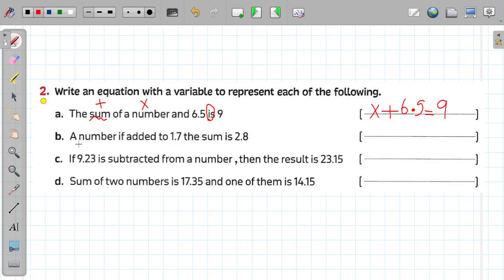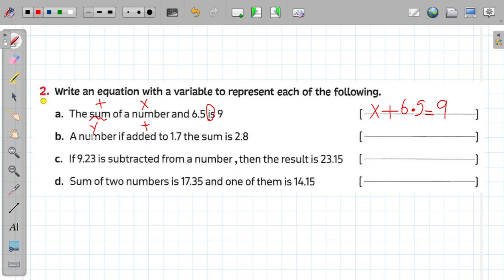This next one, I have a number if added to 1.7, the sum will be 2.8. I don't know the number, so I will use a variable like maybe y. A number if added to means I will use the addition operation.